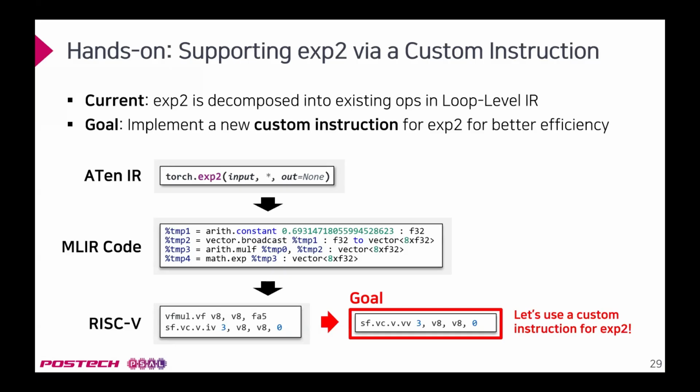Our goal is to replace this with a single custom exponent2 instruction, so the compiler emits just one RISC-V instruction instead of these 2. To do this, we need to go through 4 steps.